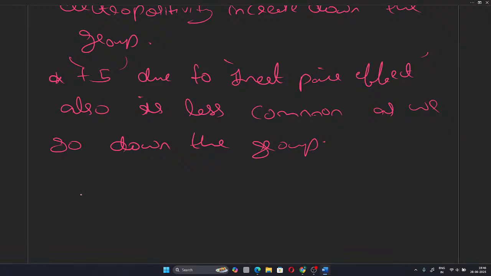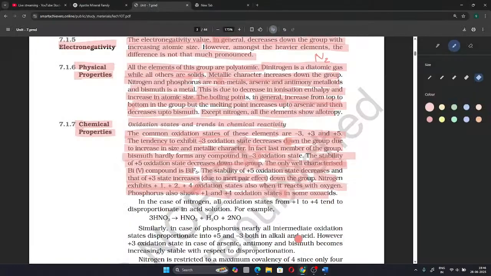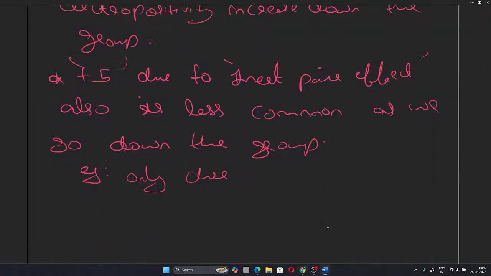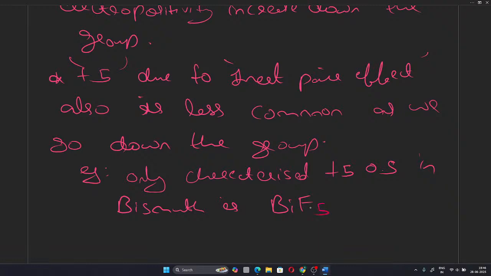All in all, +3 is more preferred. And one example of the only characterized +5 oxidation state in bismuth is BiF5.